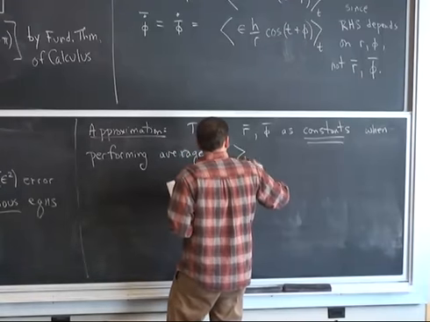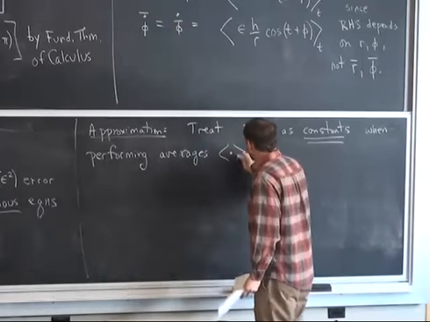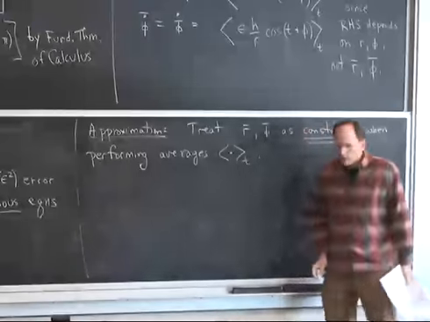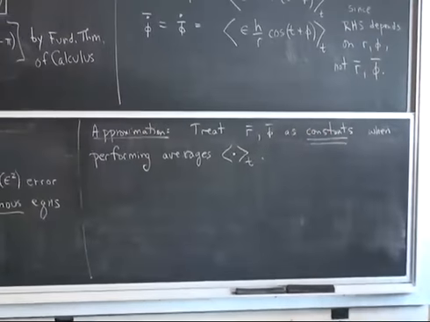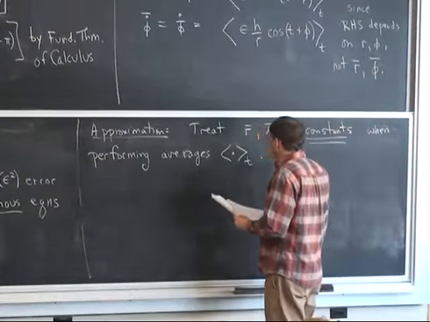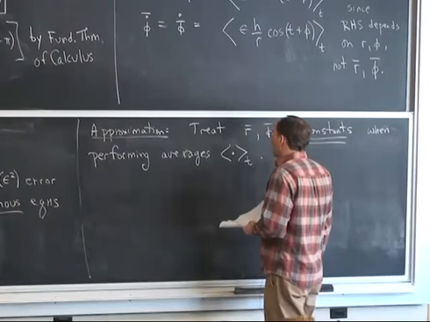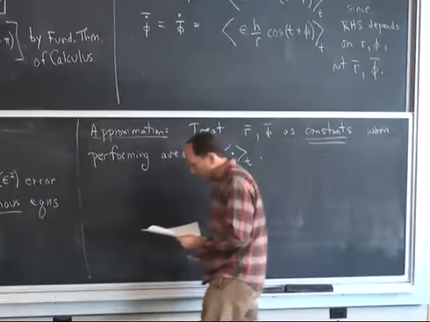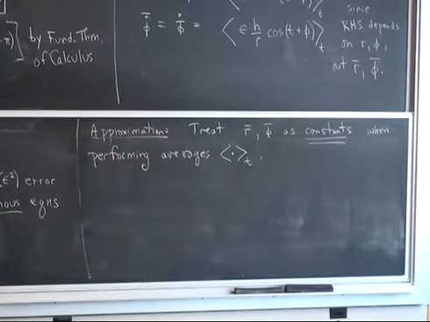Anything that involves one of these averages over one cycle in t. Okay, so let's do an example then.